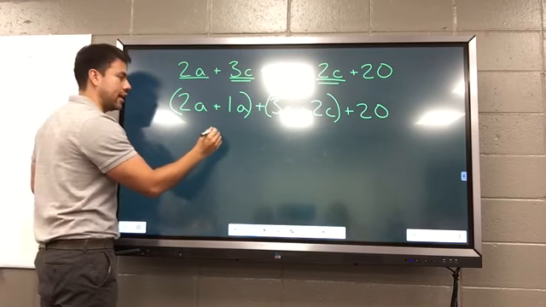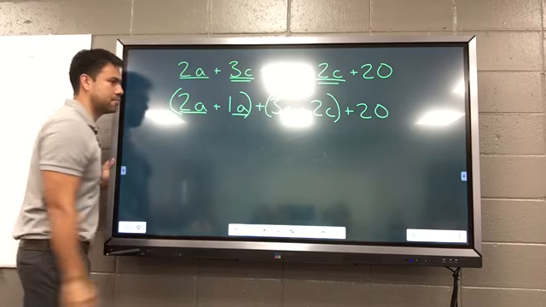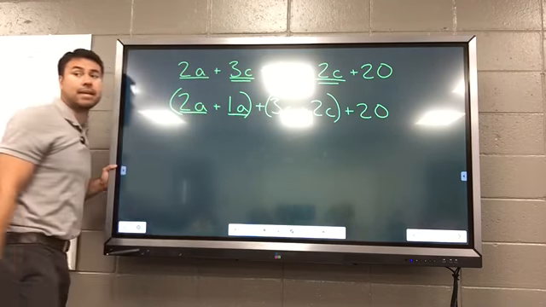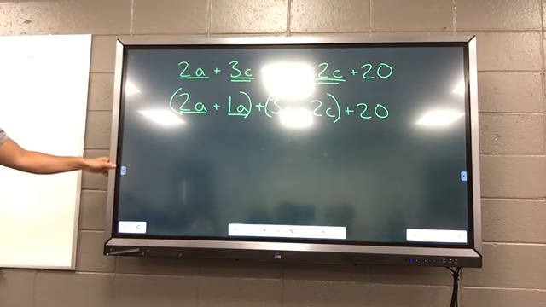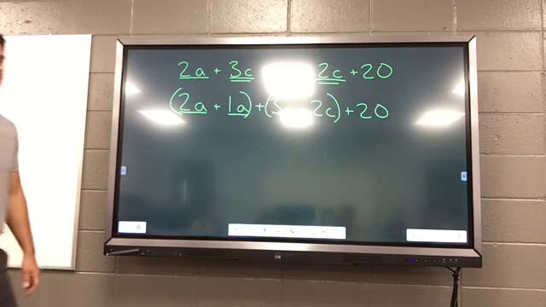You use properties. Okay, here's 2a and here's 1a. What's going on between them? Addition. They're being added. Do you notice that these two have a common factor? What's the common factor between 2a and 1a? It's a, right? Ready?